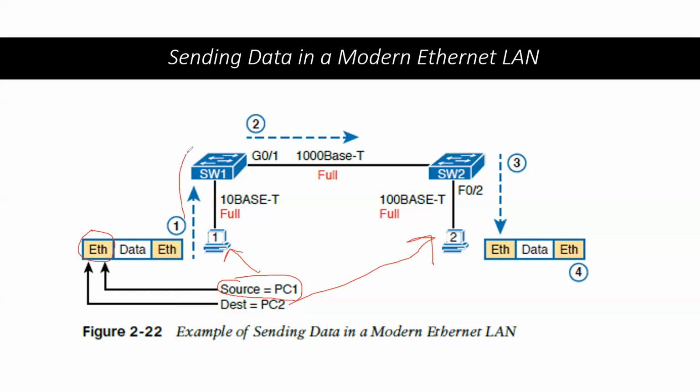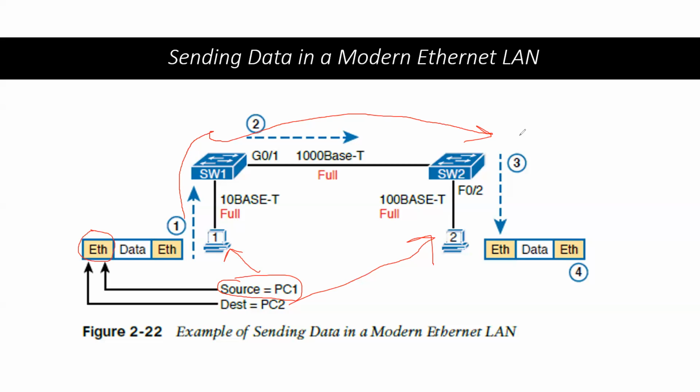PC1 is going to send it up to the switch. The switch is going to say, hey, I know where this MAC address lives. I'm going to go ahead and send it this way. And we'll talk about unknown unicast messages and broadcasts, what have you, later. This is just fundamentally how that traffic flow works at layer 2. Switch 1 is going to send it.